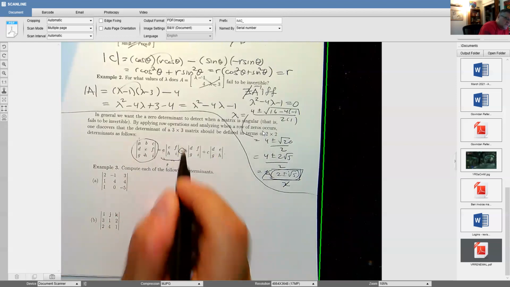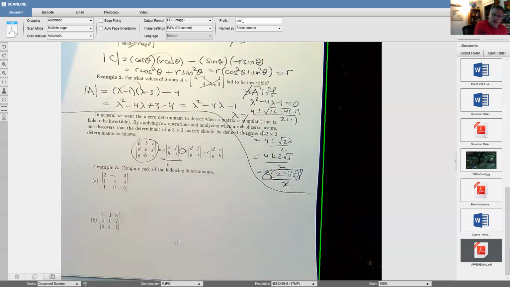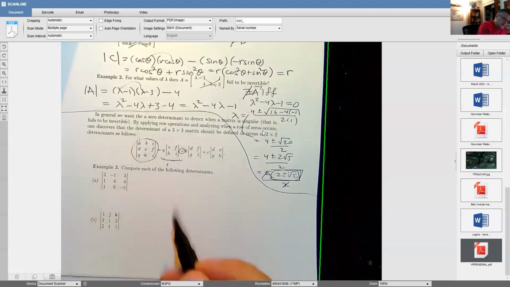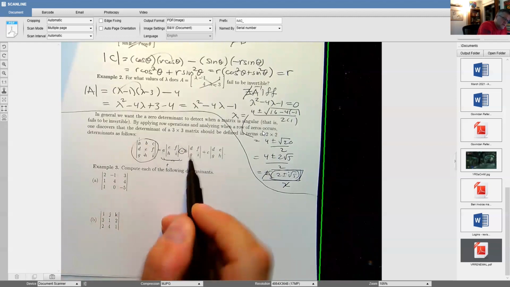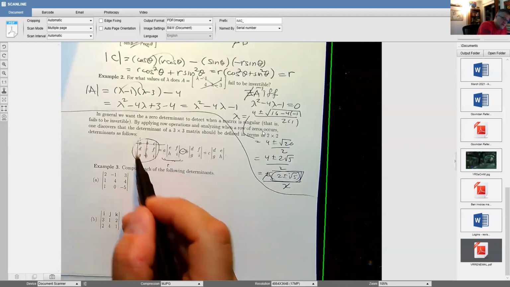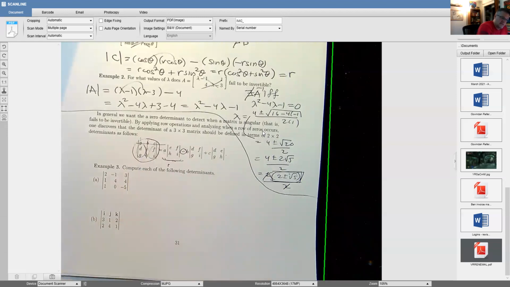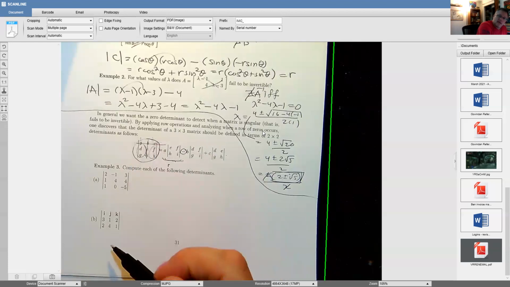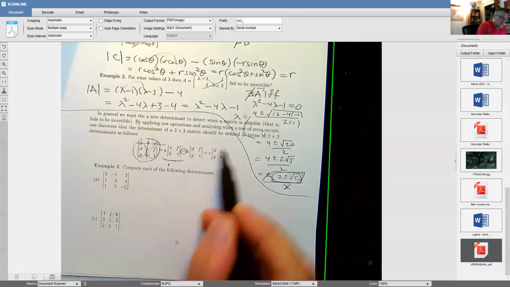That minus comes up for a very particular reason when we define the cofactor. But for now, you just know that if you're using the top row, there's a minus there. B times the determinant of what remains, right? If you take the row and column containing B and throw it out. And then you do the same thing with C, throw out mentally the row and the column containing C, and take the determinant of what remains.